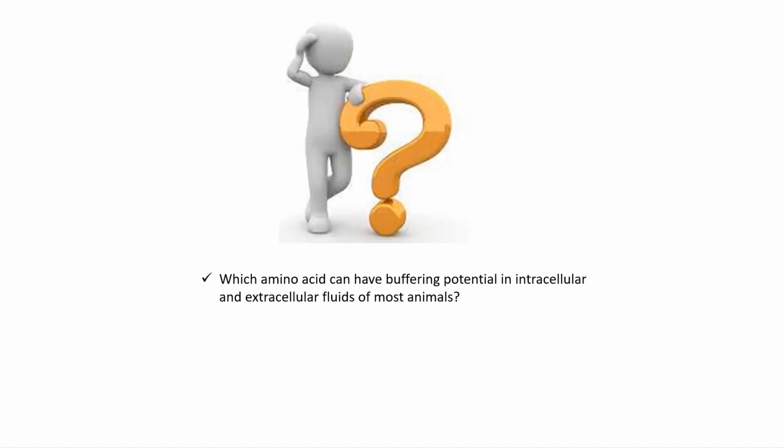Now one question from my end for you all. You have to tell me which amino acid can have buffering potential in intracellular and extracellular fluids of most animals. For this, you should know what the pH of these fluids is. What is our body pH? It is around pH 7.4.